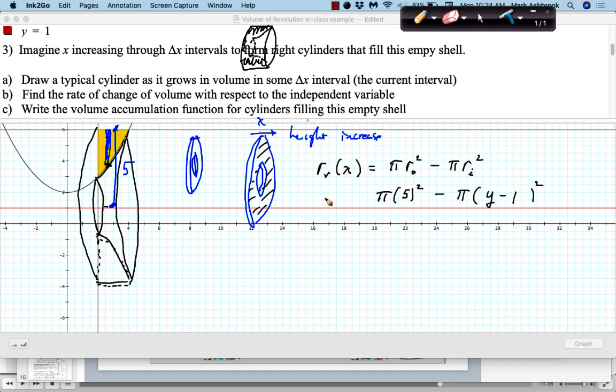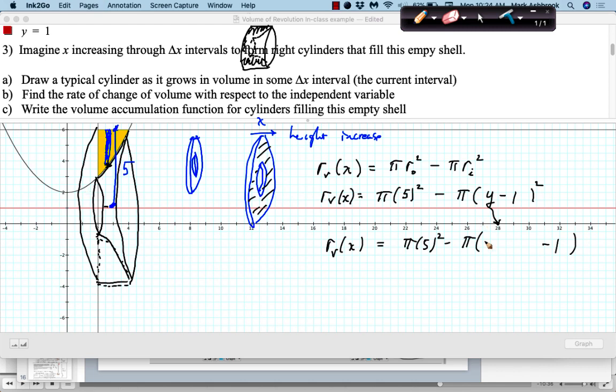But our rate function is in terms of, our independent variable is x. So we've got to change all our y's to x's because our independent variable is x. So what is y in terms of x? For the curve, that's the y value of the curve, right?